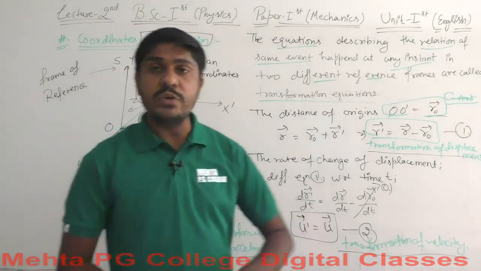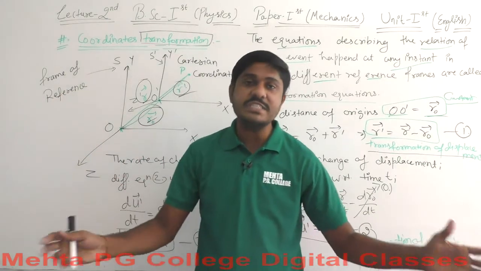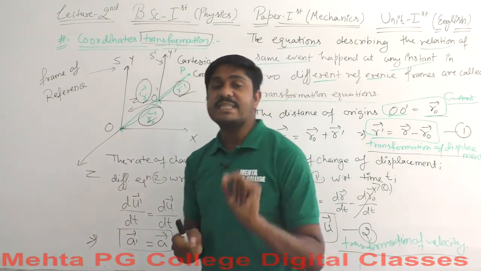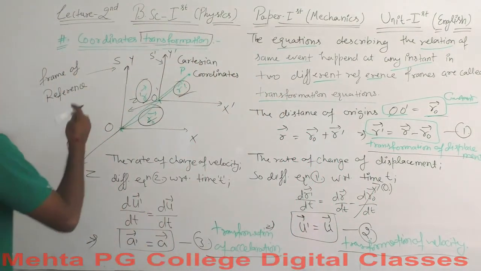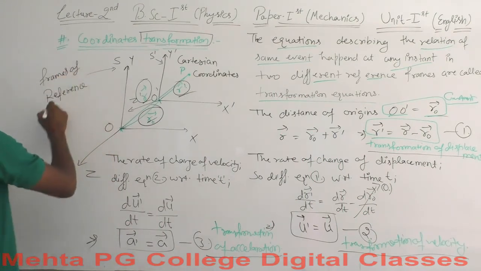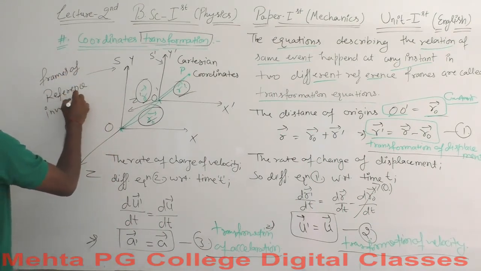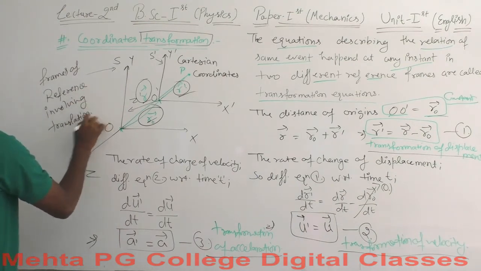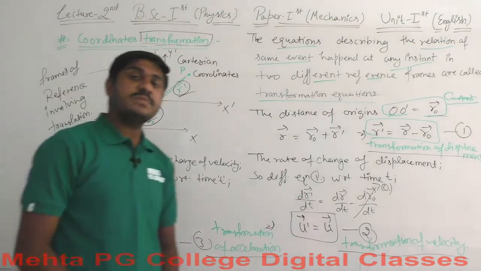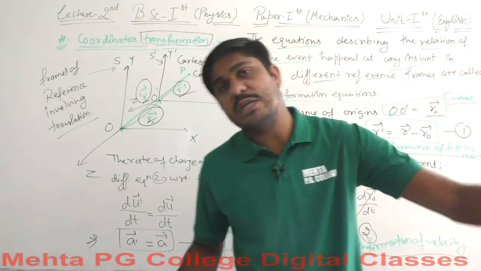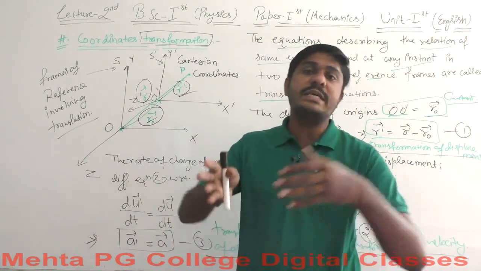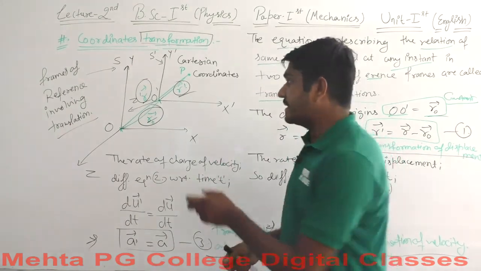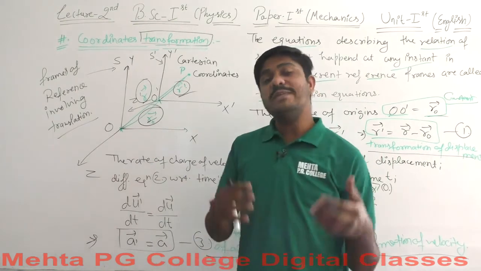So what do we conclude from all these, because we are talking about frames of reference involving translation. Translation means if one frame moves to a particular side, or in a direction, then the second frame will move with the same velocity in the same direction. It means that the distance between these two frames will always remain constant.